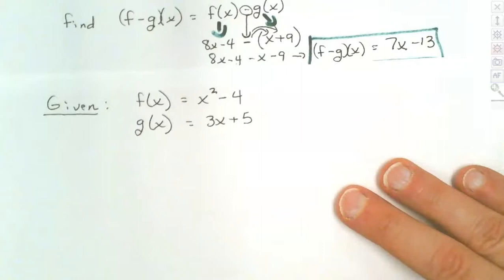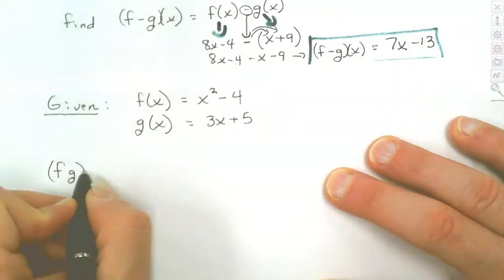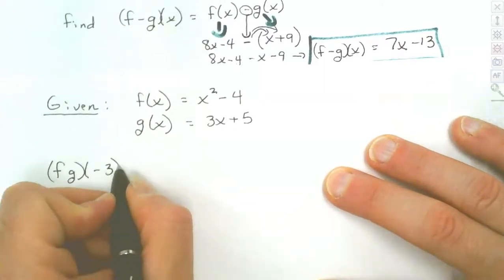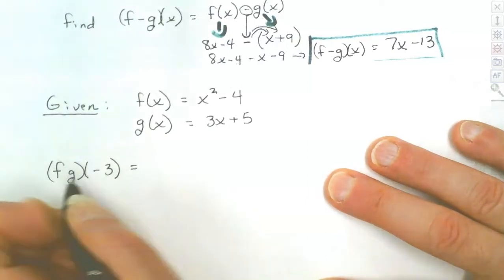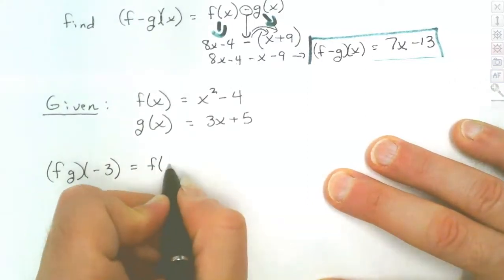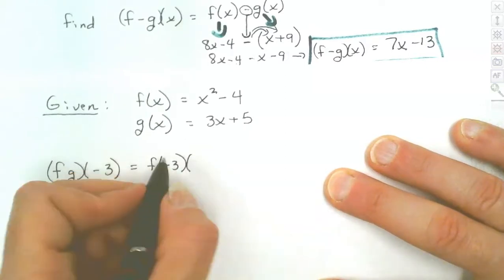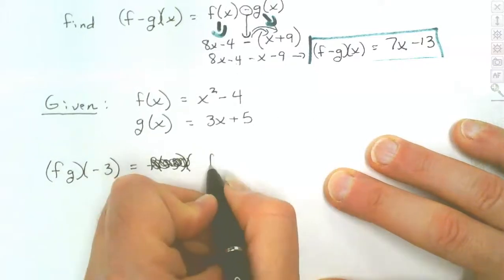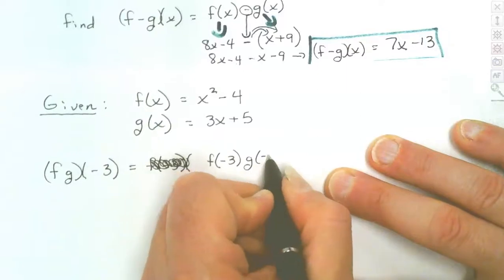Okay, so let's say we're wanting to find f times g of -3. If I write that out, what is that? That is f of -3 times g of -3.